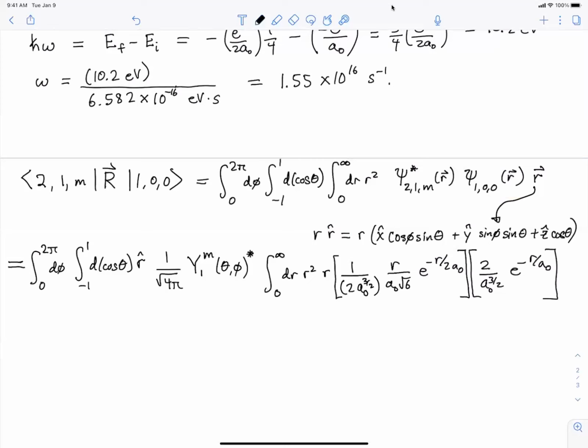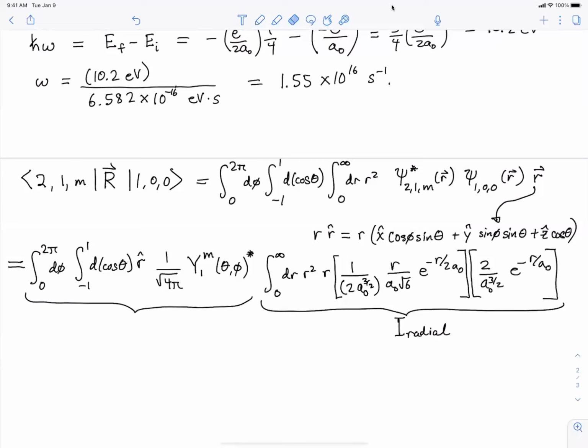Okay, so I think that's it. This we're going to call I radial for integral radial. And this part we're going to call I angular. So it depends on m.